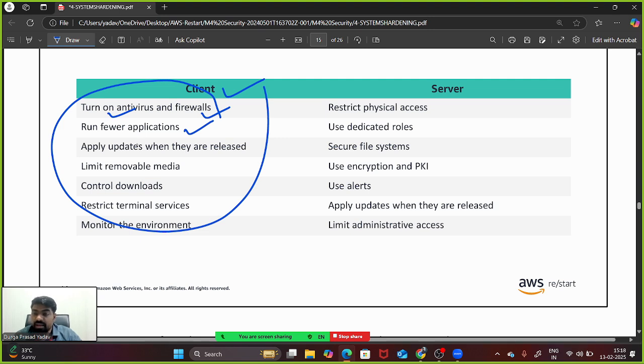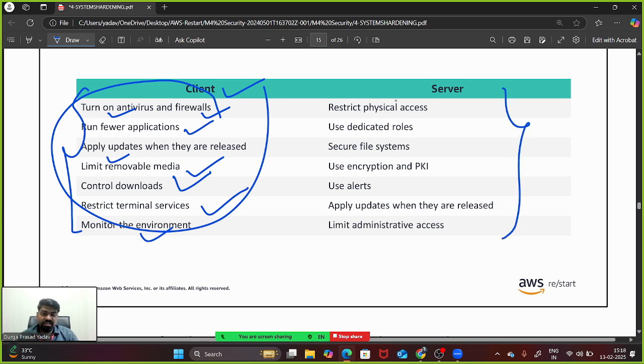And you will apply updates when new updates or new versions of the applications come. And we need to limit removable media, meaning you should not use pen drives on your machine. And you have to control the downloads, not allowing all types of files. You need to restrict terminal service also, so that we cannot connect through the terminal. You can monitor the environment as well. So these are a few points that can help us to harden our client machine.